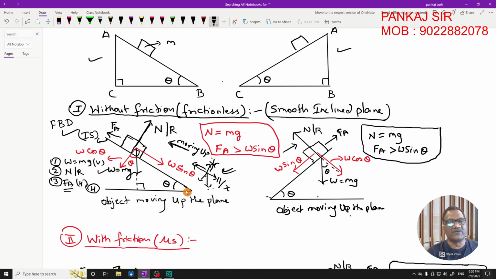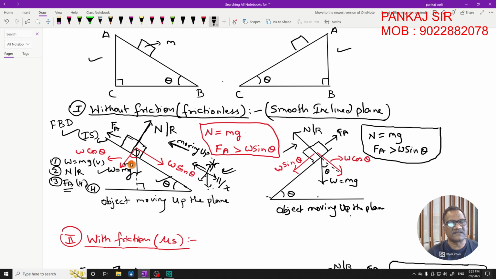One more thing you have to remember: the angle of inclination of the inclined plane in this case is theta. This is your theta. Now geometrically, always in an inclined plane, the angle between the mg force and the normal reaction force extended will also be equal to theta. Can you see?